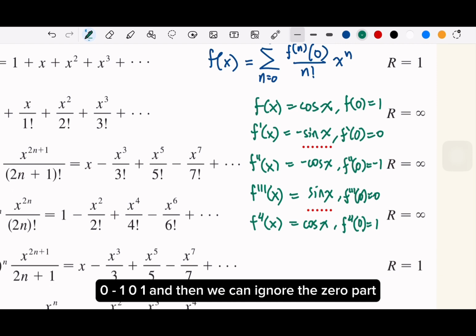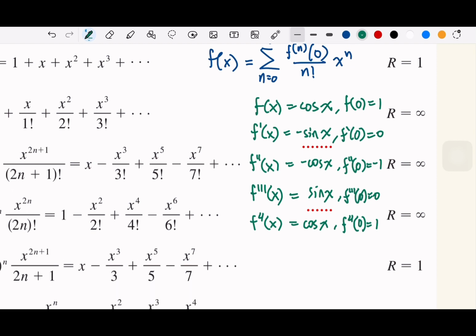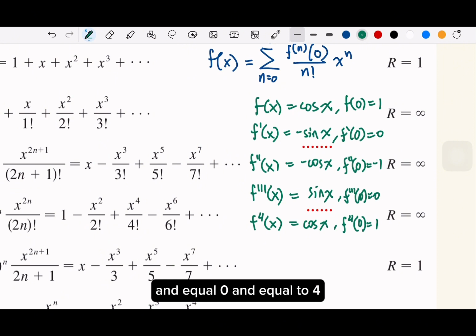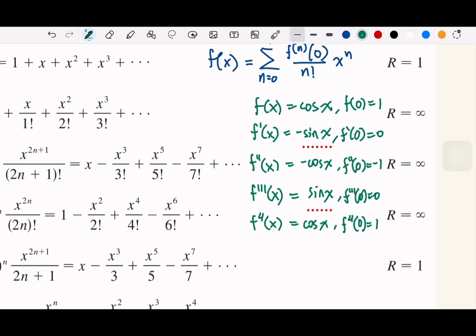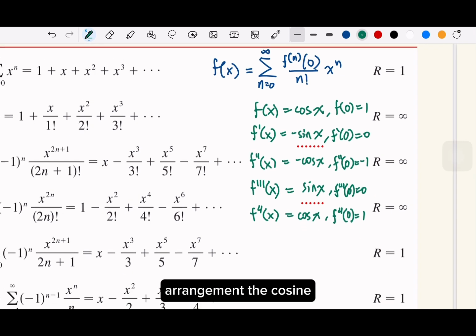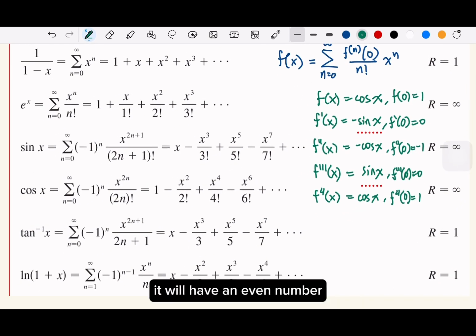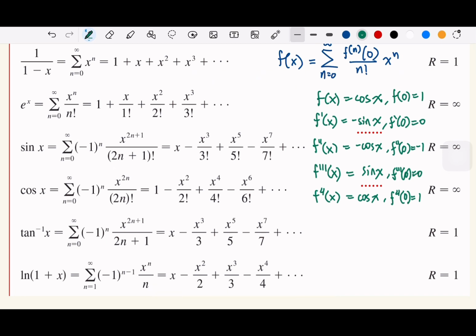Then we can ignore the 0 part, which means we have only n equals 0, n equals 2, n equals 4, and you could guess the next ones will be 6, 8, 10, and so on. That's why within the arrangement, the cosine will have only even numbers.